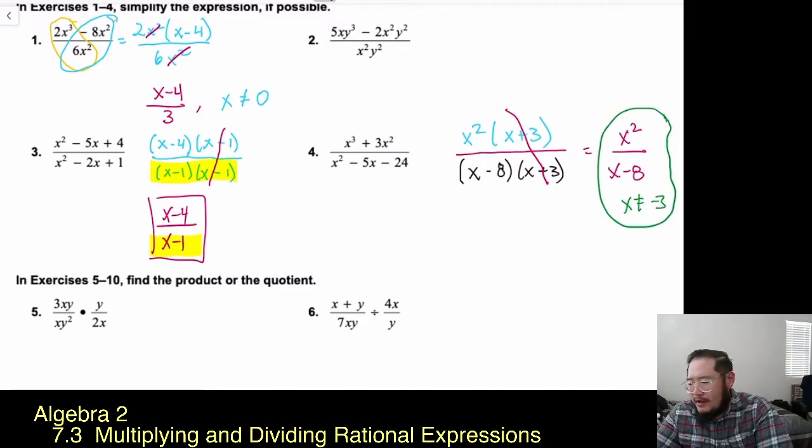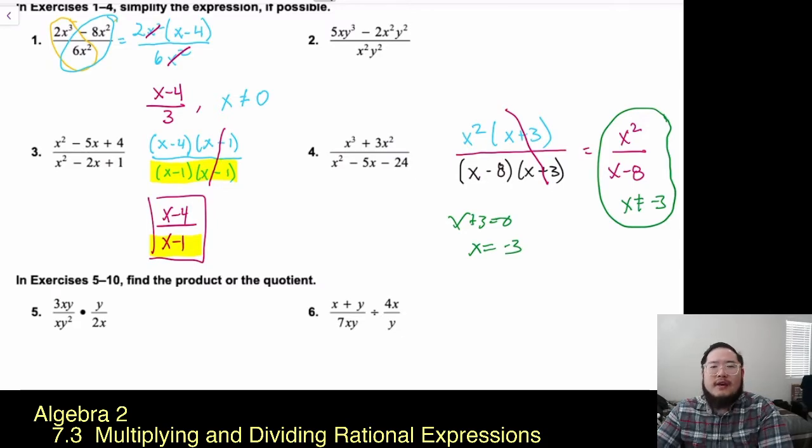Where do you get that negative 3? Take the x plus 3, set it equal to 0, and x equals negative 3. If you plug that negative 3 into the equation, you'll notice that you get a 0 there, and once again, 0 is no good because you will end up with no solution.